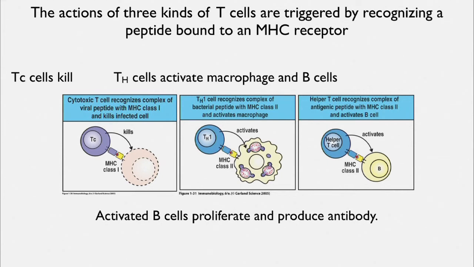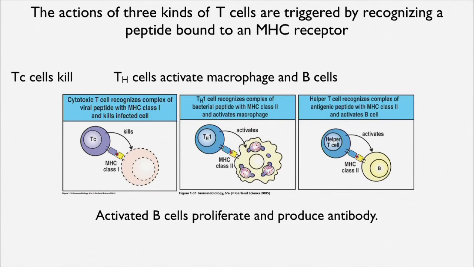So they can recognize a complex of bacterial peptide that's got MHC class II, it will activate a macrophage, or a helper T cell will recognize a complex of antigen peptide, and it will activate a B cell. And then the activated B cells proliferate and they produce antibody.